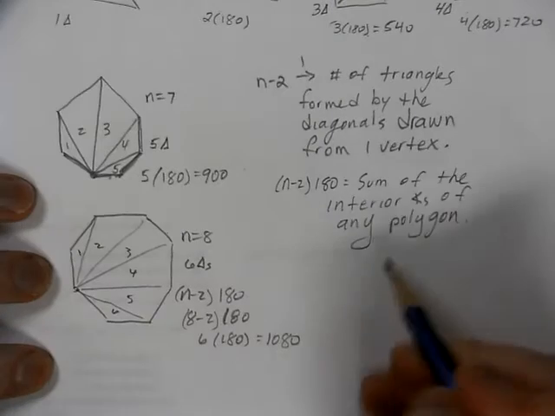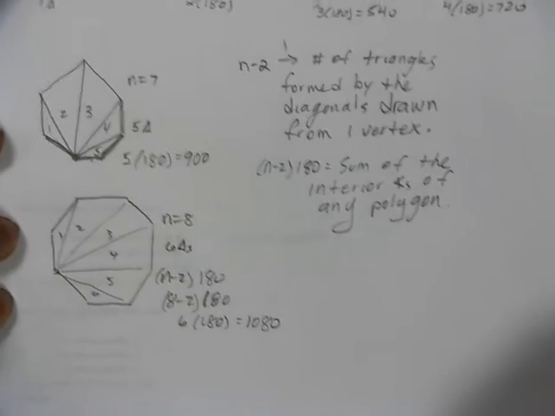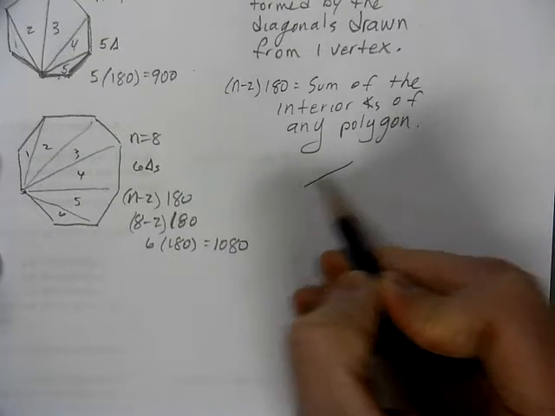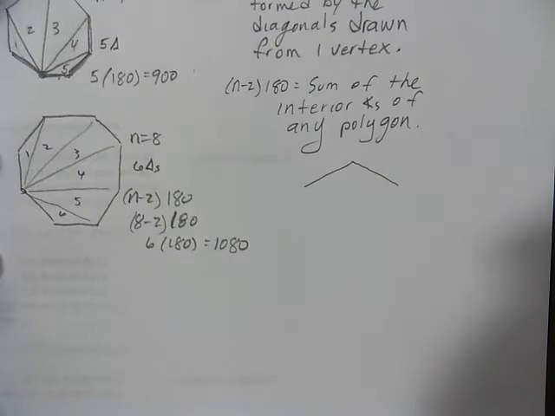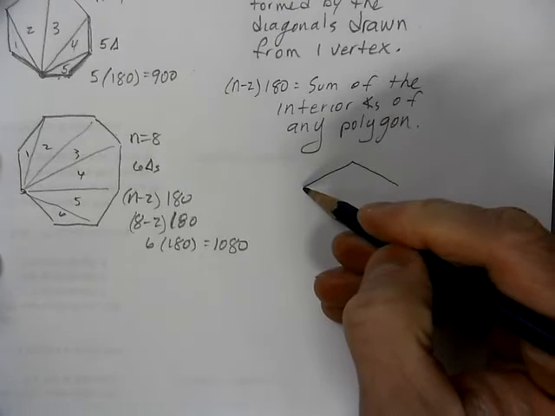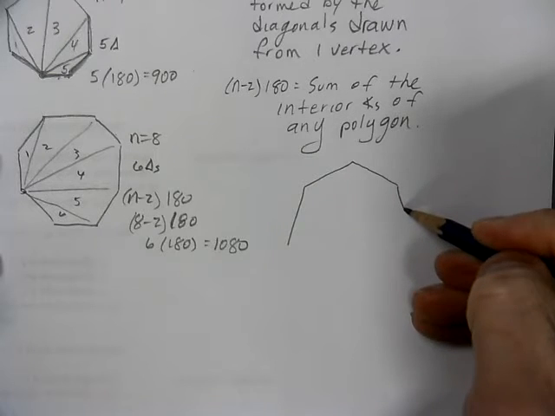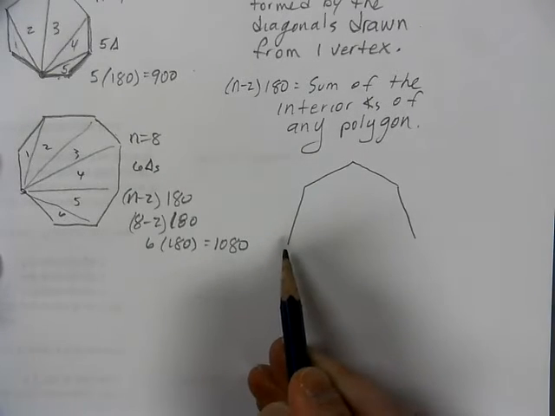As you may have guessed, if we go to a 9-sided shape, let's see if we can draw that. It seems crazy. And that's 1, 2, 3, 4.